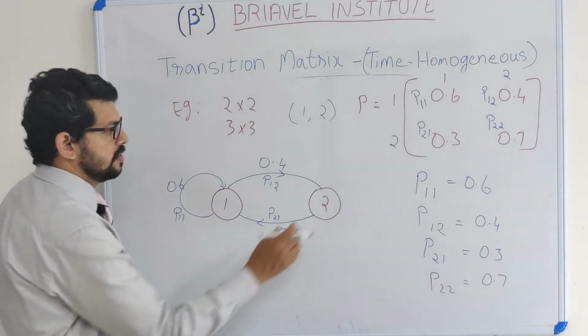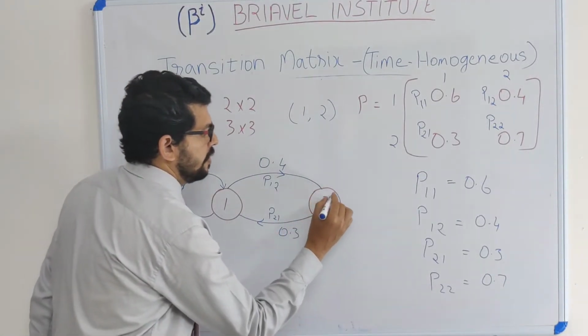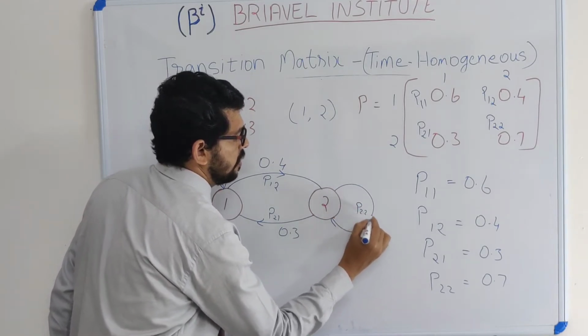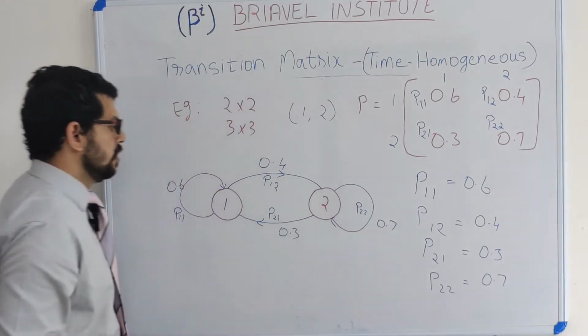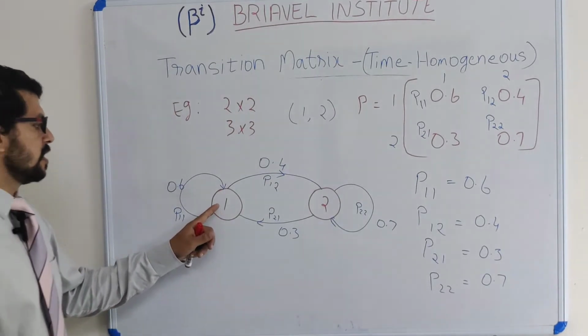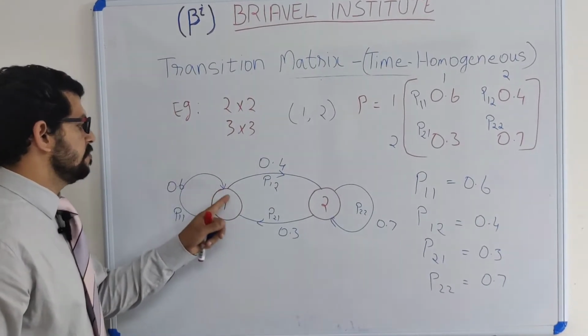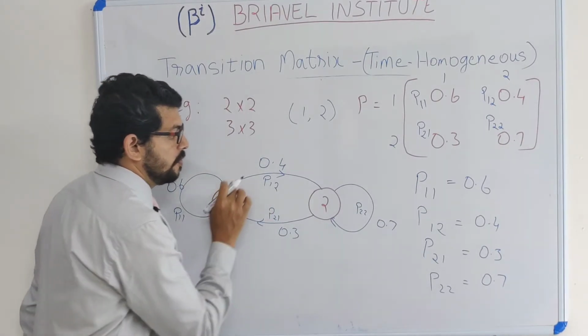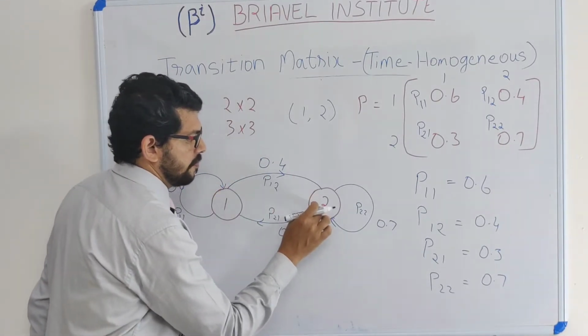And P of 2 2 means we are in state 2 and continue in the same state, with probability 0.7. So what is the meaning of P of 1 1? We are in state 1 and continue in the same state. P of 1 2 means we are in state 1 and move to the second state.